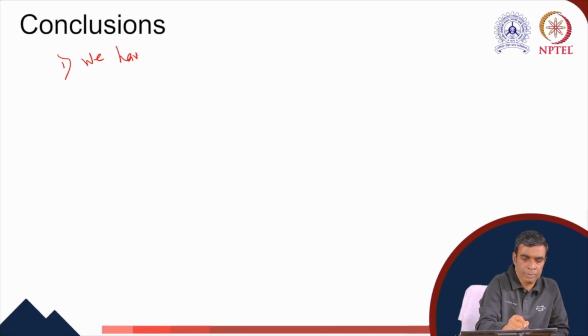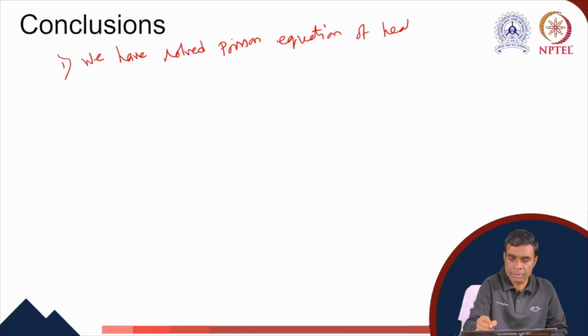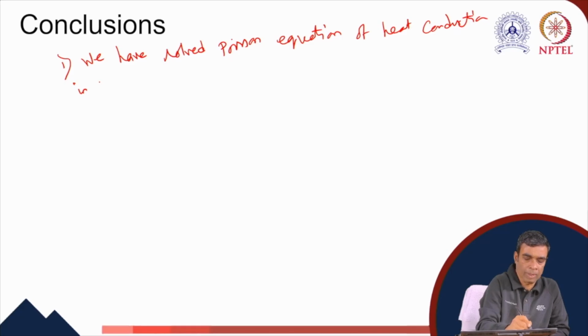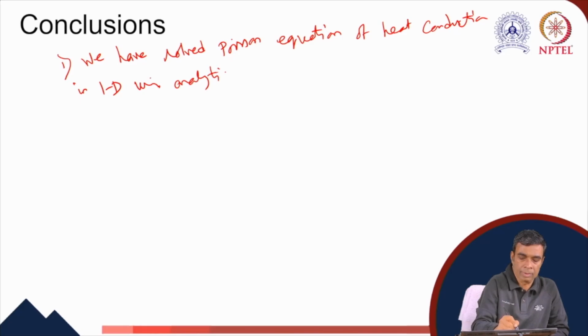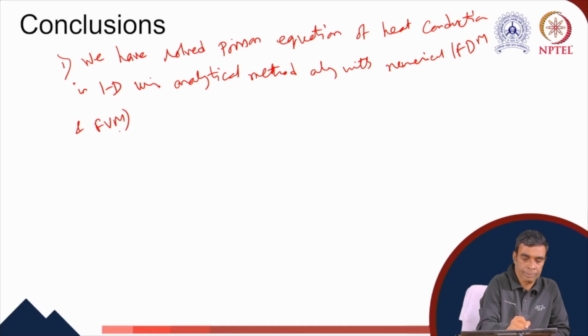We have solved the Poisson equation of heat conduction in one dimension using the analytical method along with the numerical FDM and FVM methods.